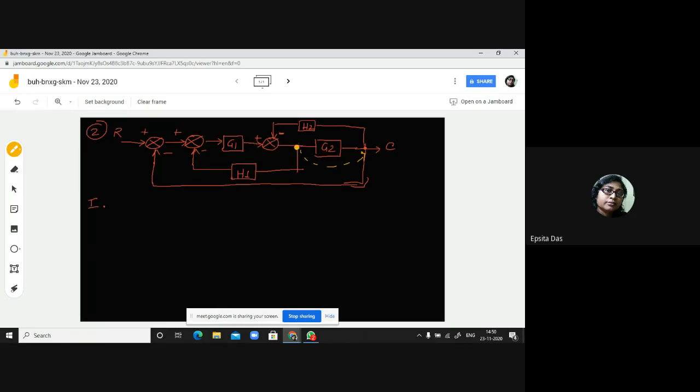Rather, if I go this way, it makes the whole thing simpler. Do you understand what I told, or should I say it again? Okay, so then we are going to move this.